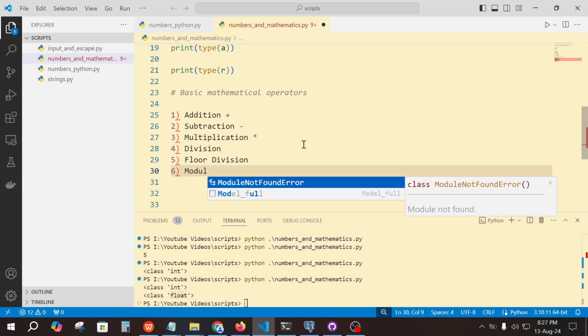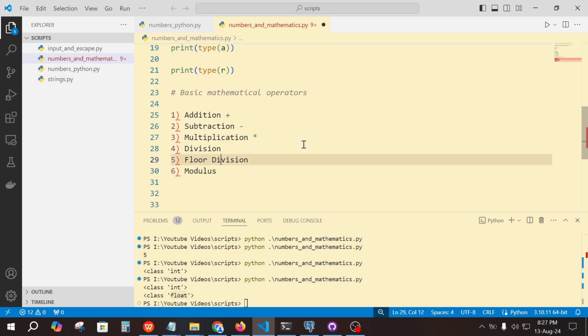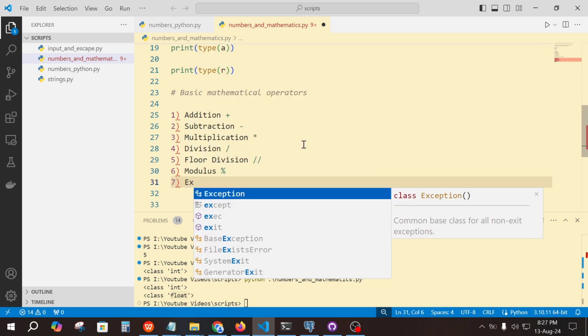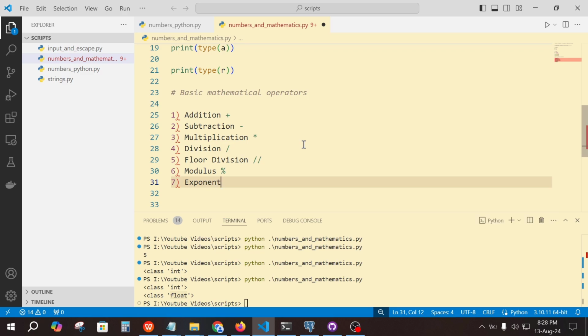Then we have modulus. Oops, I forgot to include their signs. So this is the division sign, this is the floor division sign, and this is the modulus sign. And the last one we have is exponentiation, which we use by writing two star signs. Let me comment that out.